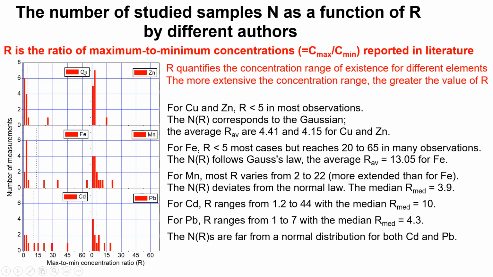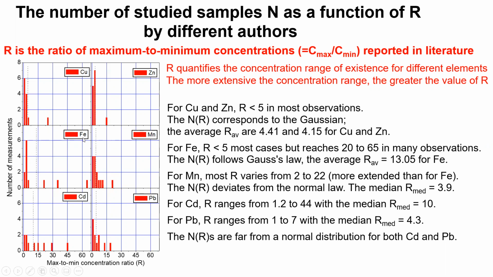You can see that copper and zinc show the best concentration stability, ranging from 10 to 100 microgram per gram, the normal distribution of individual data, and the composition stability demonstrates minimal environmental influence. Manganese and iron vary over a broader range.